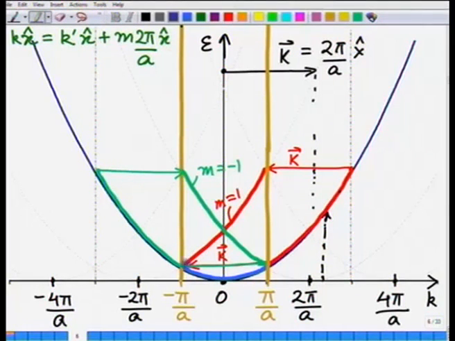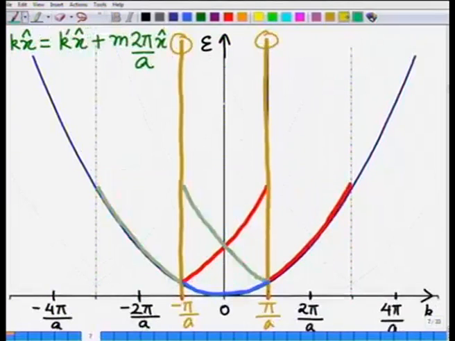If you take all these green points here and add 2 pi by a to them, they can be shifted back into the first Brillouin zone. This green curve also can be shifted into the next Brillouin zone.